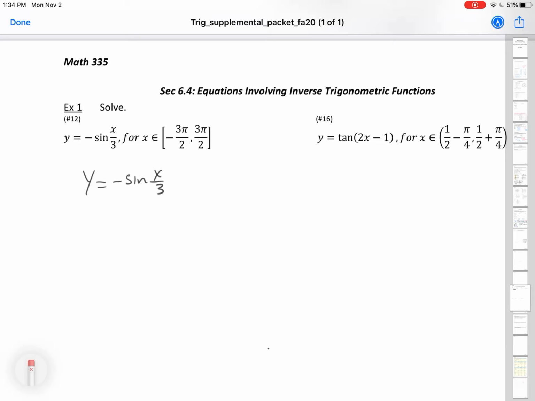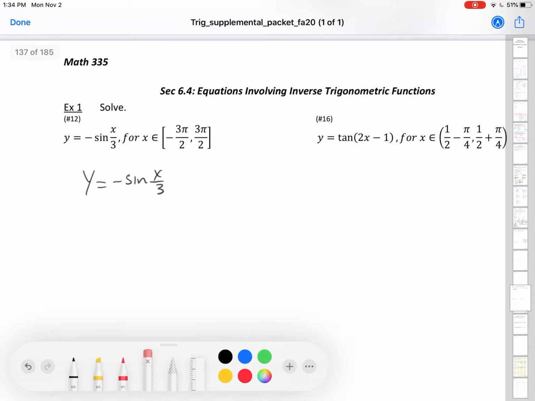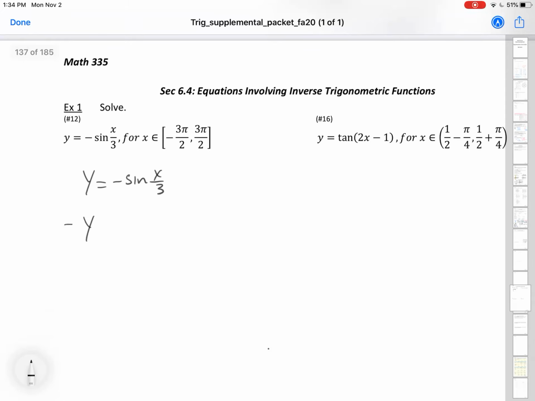If we're going to solve for it, I need to isolate the trig term. So I'm going to multiply both sides by negative 1. And then I have to get at this x over 3, so what I'm going to do is take the arc sine of each side.